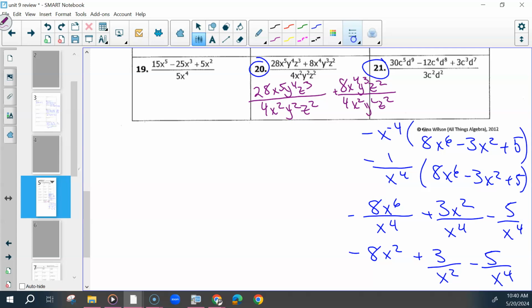And then divide both terms. x cubed y squared z plus 2x squared y should be the final answer.